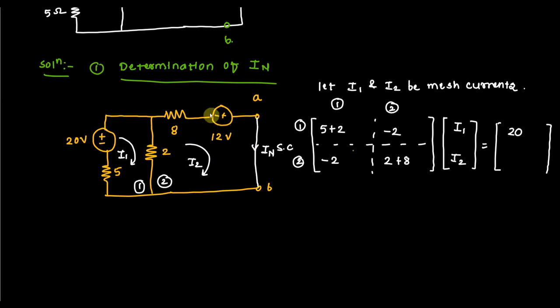When you see the voltage here, if you follow the direction, it is positive, so it is plus 12. Fine. So rearrange that. When you rearrange, it will be 7, minus 2, minus 2, 10, times I1, I2.